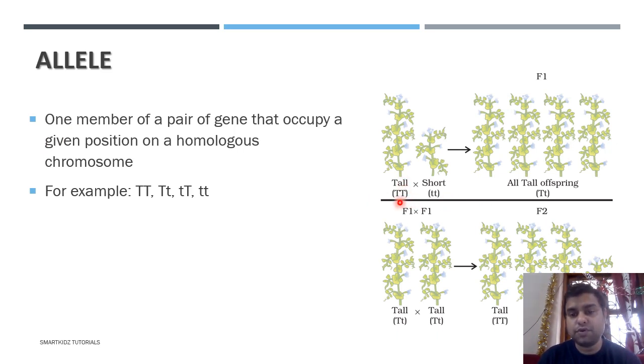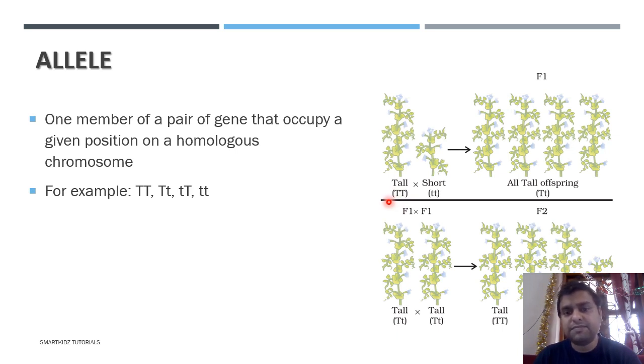Capital T shows you homozygous dominant. This capital T stands for dominant, and if they are the same, that is capital T, capital T, then it becomes homozygous, having the same characters, coding for the same characters. So here it is coding for the tall characteristic in the garden pea plant, and each T is actually an allele.